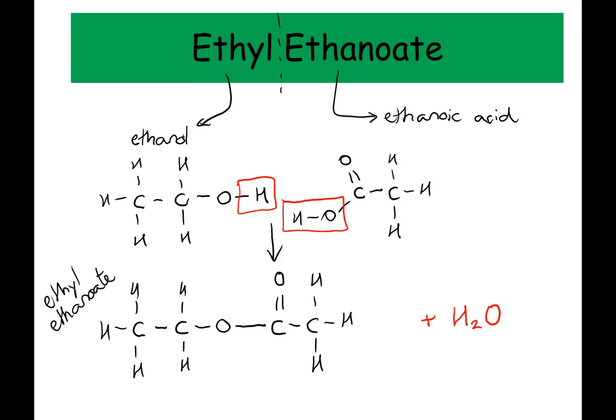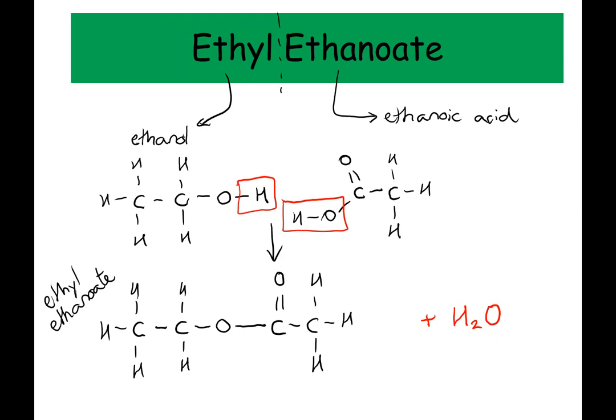Okay, you need to know that ethanol and ethanoic acid react together to make ethyl ethanoate. You need to be able to draw ethyl ethanoate, and you need to be able to recognize ethyl ethanoate if the drawing is given to you. You should also know that water is the side product of this reaction, and you should be able to draw this diagram showing how ethanol and ethanoic acid react together to make ethyl ethanoate.